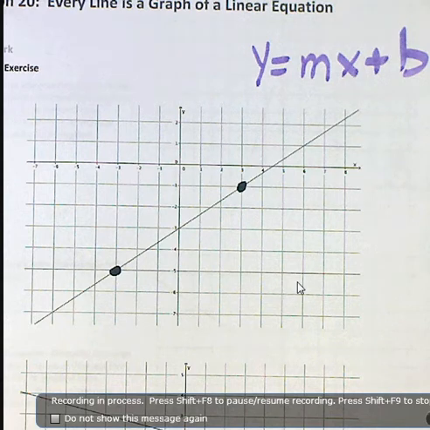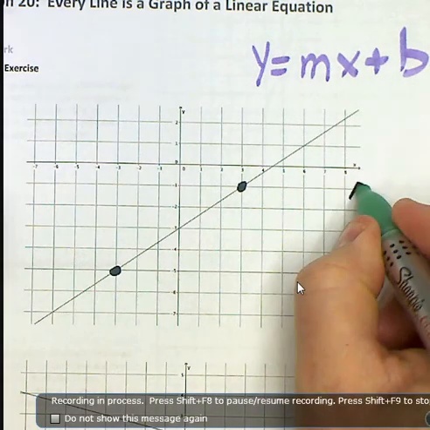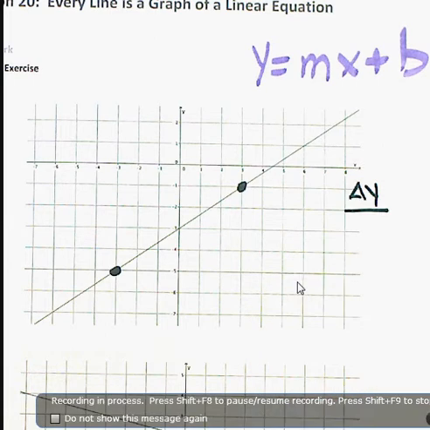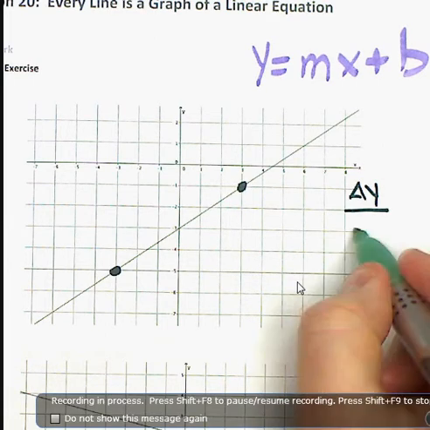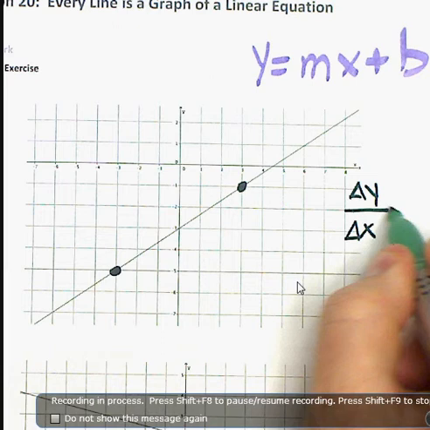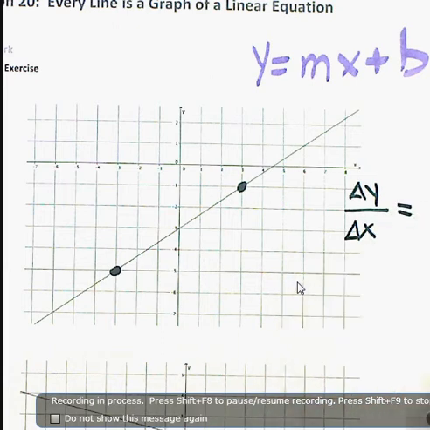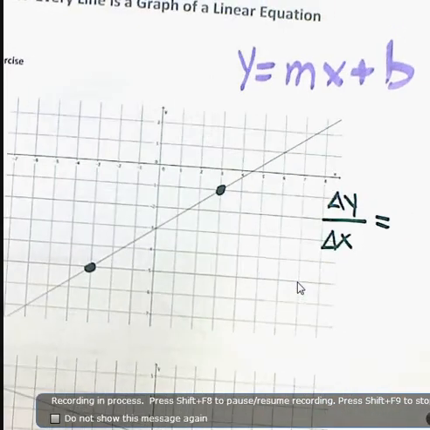Could I determine the x change and the y change going from this point to another point on this line? Timmy? Yeah. And again, your y change, I'm going to label that delta y. That means y change. And your x change is in the bottom. So let's take a look at this and see how that's going to look.